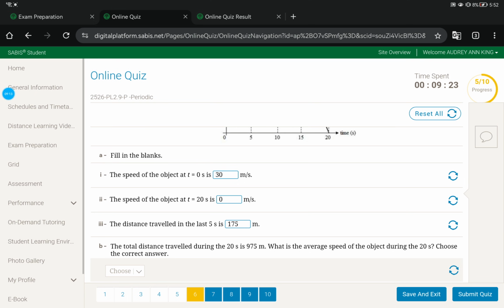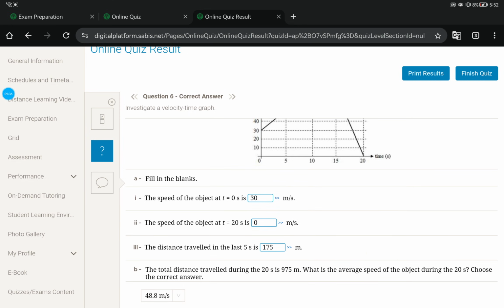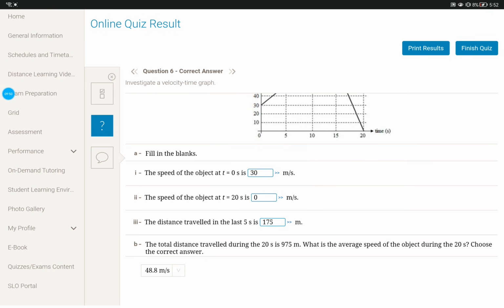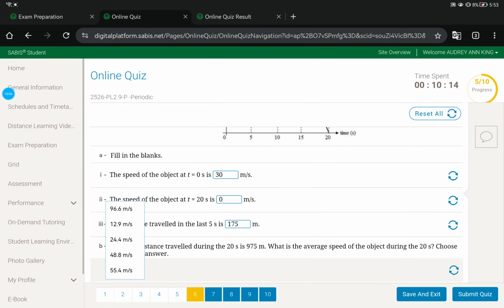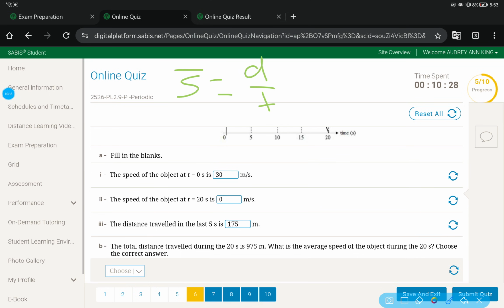What is the average speed of the object during the 20 seconds? For this one, you just need to use the formula for average speed, which is distance over time.